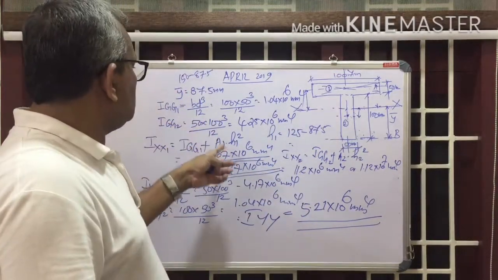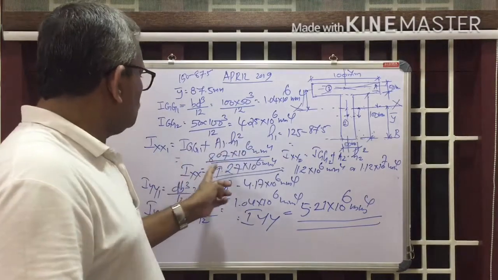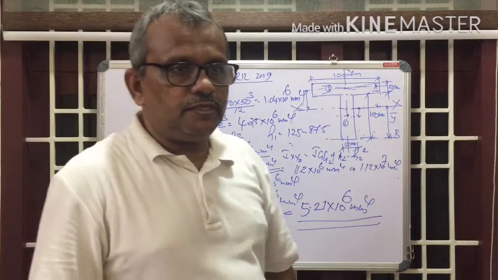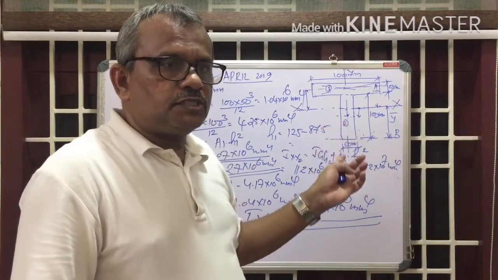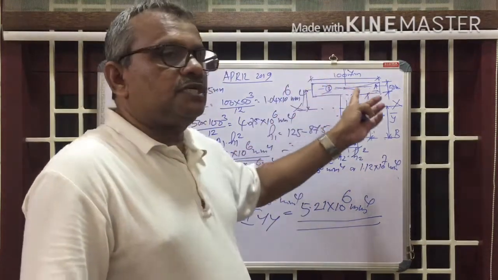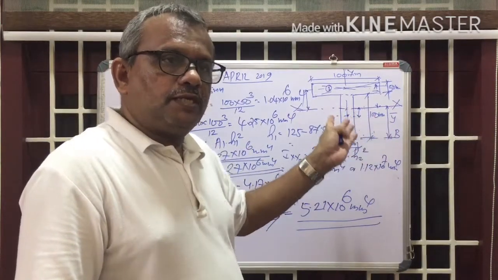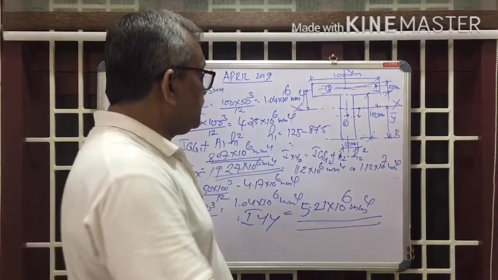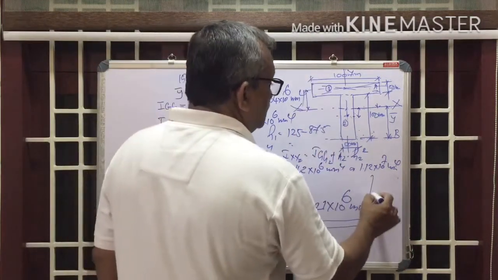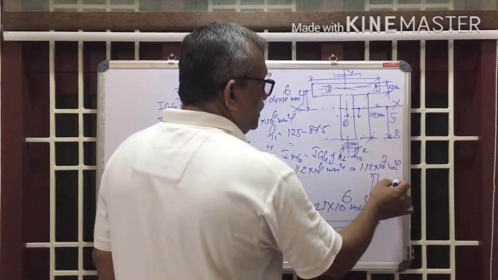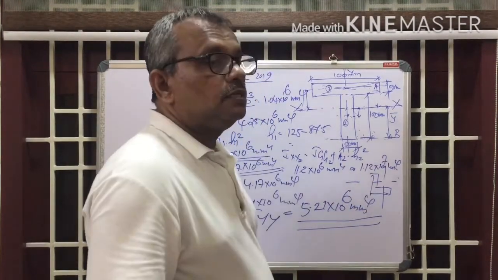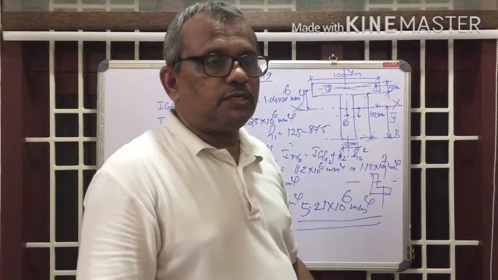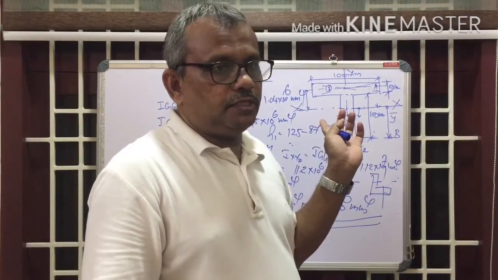Ixx1 means IgG1 plus A1 h1 squared, Ixx2 is IgG2 plus A2 h2 squared, so that you will get the moment of inertia. This is the method when any section is given. It may be a channel section or I section or L section. You know what an L section is? An L section is not symmetrical about xx or yy. So in that case, you have to find both x bar and y bar to locate the CG. After that only you can find the moment of inertia.